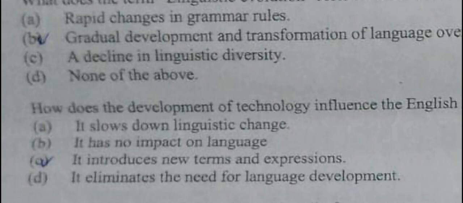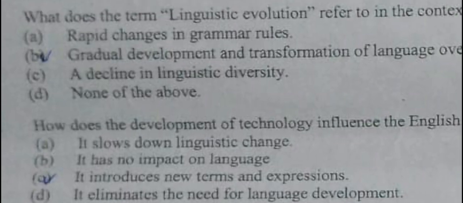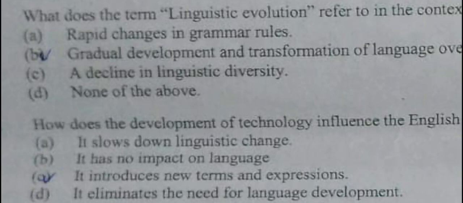But why not C? Let us discuss. C is a decline in linguistic diversity is linguistic evolution. No, not at all. That's just a contradictory statement. How can decline be linguistic evolution? So negate this. C is also not the answer. Fourth is none of the above.